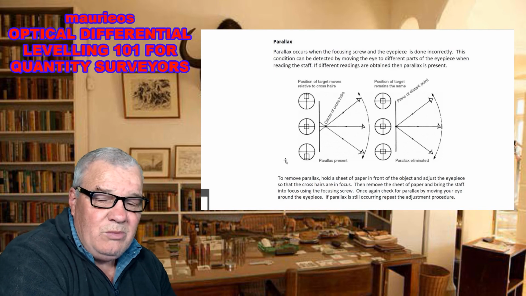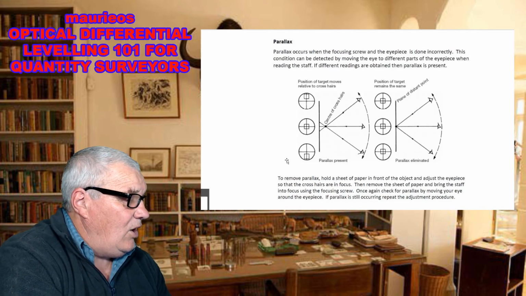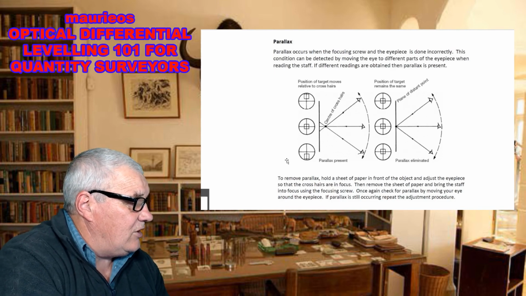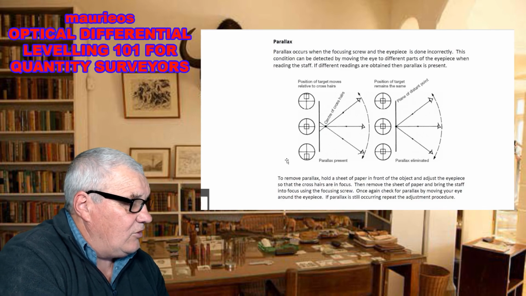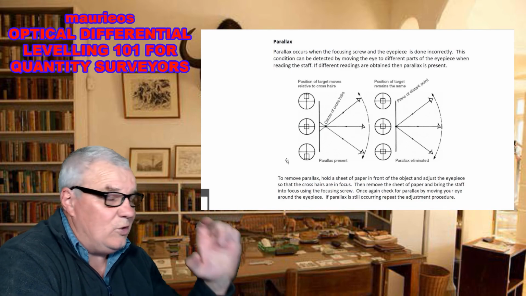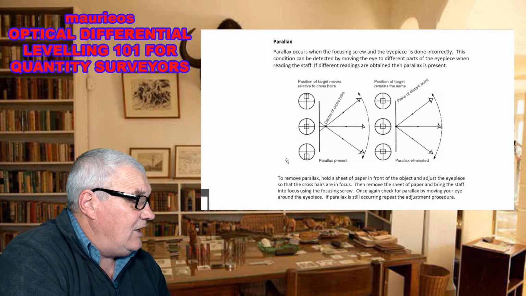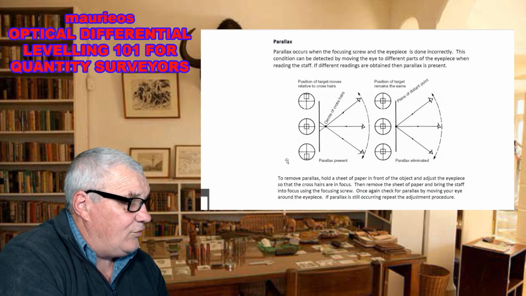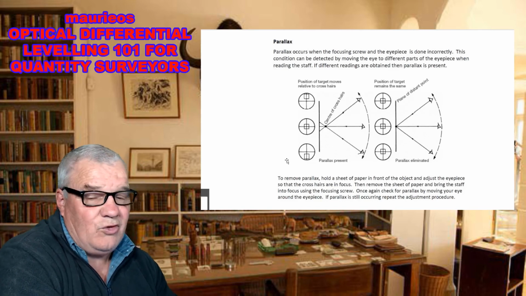So to remove parallax, hold a sheet of paper in front of the objective and adjust the eyepiece so that the crosshairs are in focus. Or you can just look into a blank sky. Then bring the staff into focus using the focusing screw.